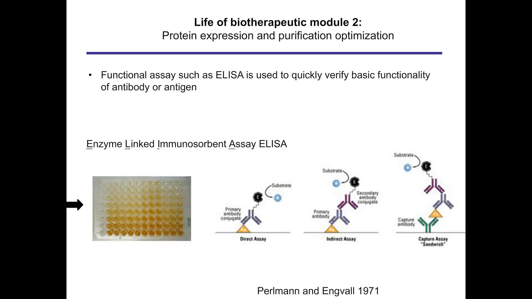And typically with this format, you're measuring the functionality of an antigen, and you would take plates that are coated with a capture antibody for your antigen, and then you would subsequently add more antibodies to the antigen of interest, and via this sandwich format you can get much higher selectivity for the functional antigen that you are expressing.